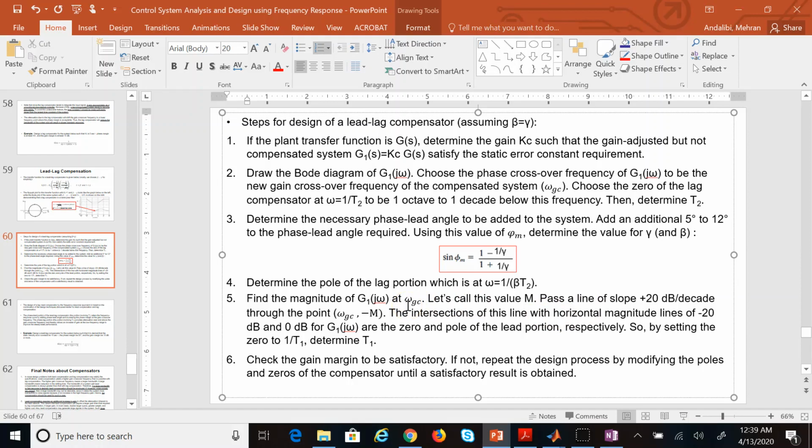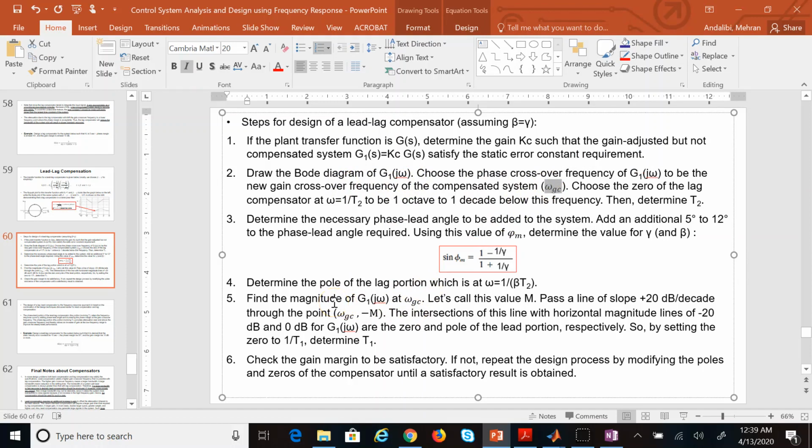It says, find the magnitude of this uncompensated or gain compensated system at that frequency that you found, 1.5 in step number 2.